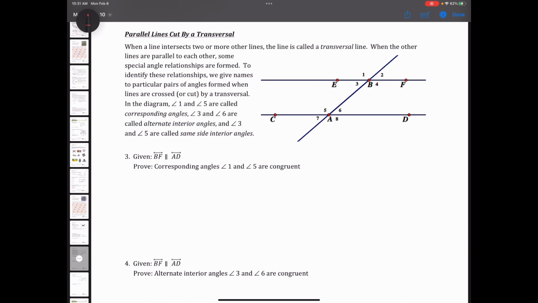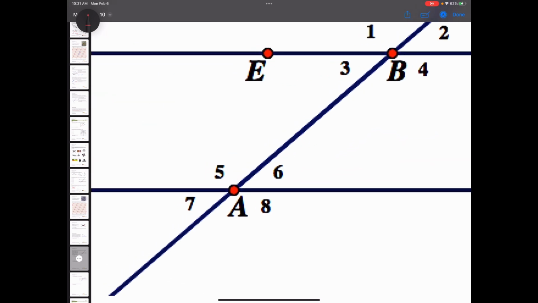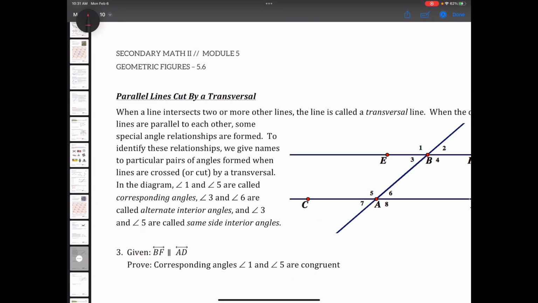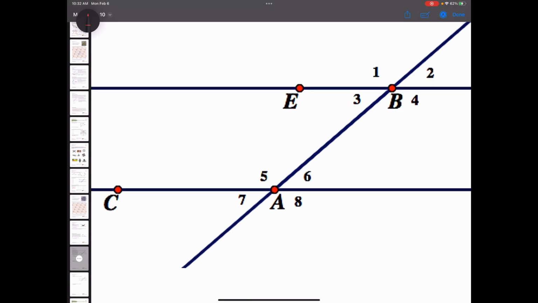All right, parallel lines cut by a transversal. So here's what I'm going to tell you, because this first one is kind of sus. What they do for this first proof, and I'm telling you right now, we are not going to do this proof because it's a little wonky.